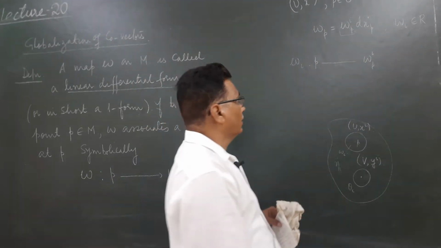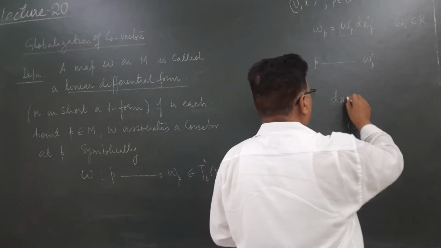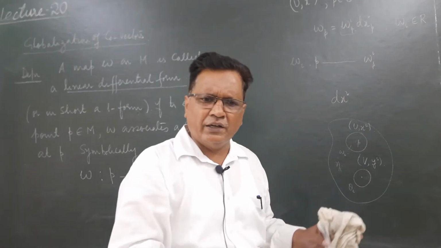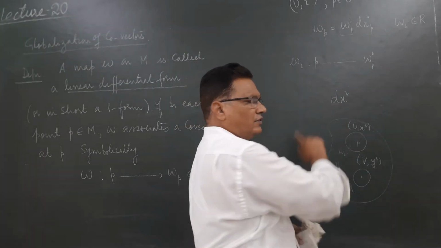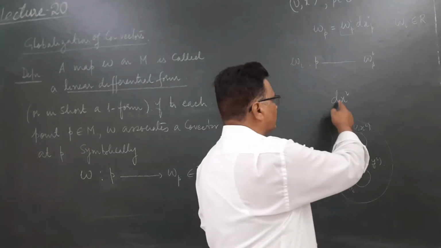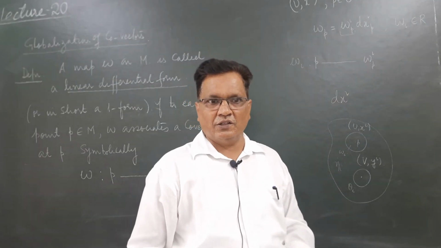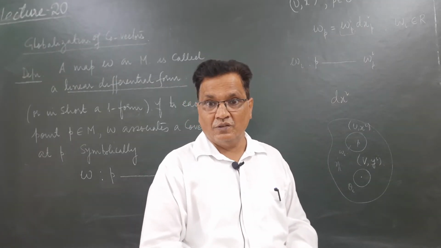Okay, and dxi, when I talk of dxi, when you are in a coordinate neighborhood U, x i, this is dxi. When I am in the coordinate neighborhood V, it is dyi, and so on. So there is a global expression also. Okay?